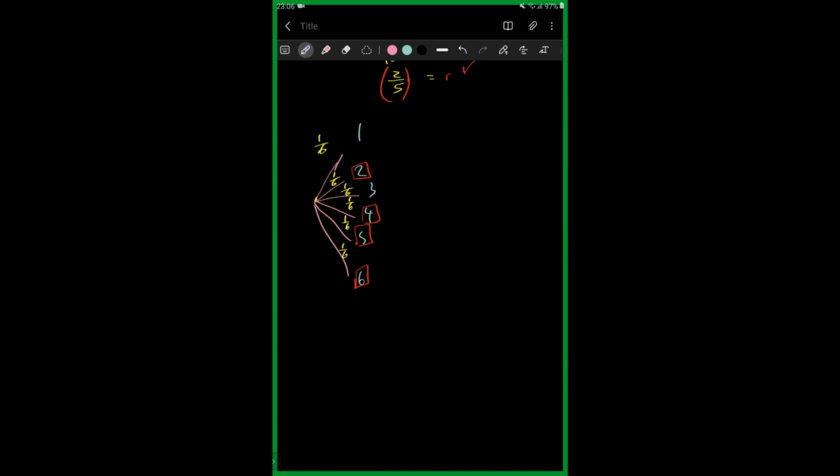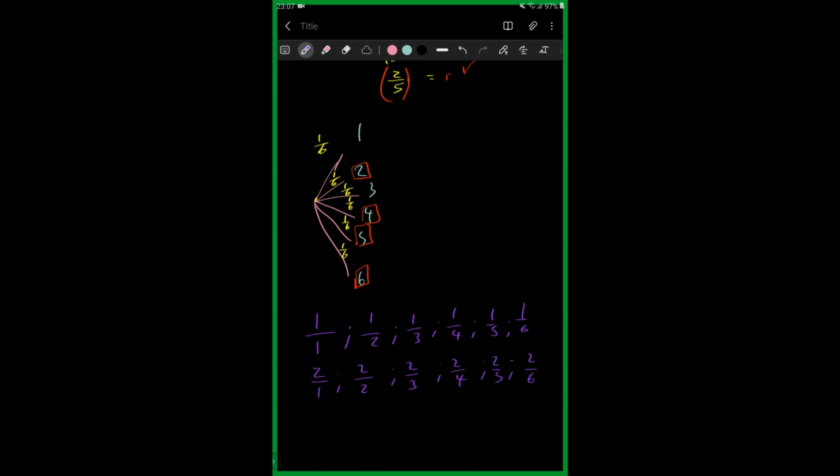And then you can have it the other way around, right? Let's put it this way. The 1, you can have it over 1. You can have it as 1 over 1, 1 over 2, 1 over 3, 1 over 4, 1 over 5, or 1 over 6. And then a 2 can also be over 1, and also over 2, over 3, over 4, over 5, over 6.